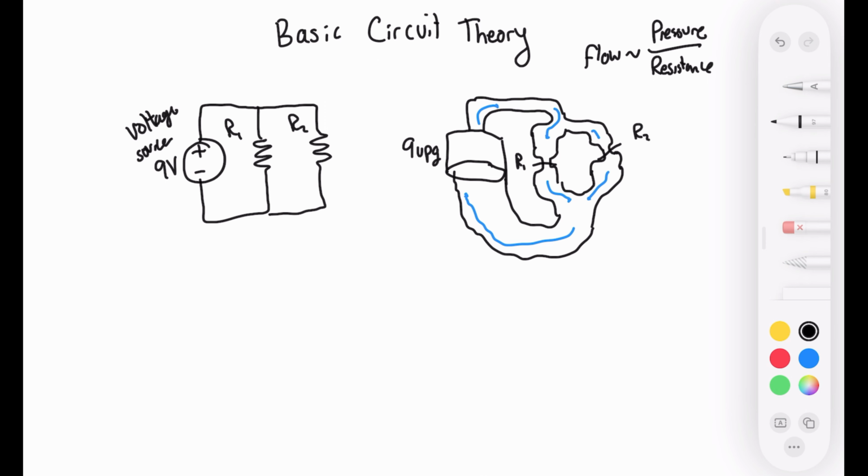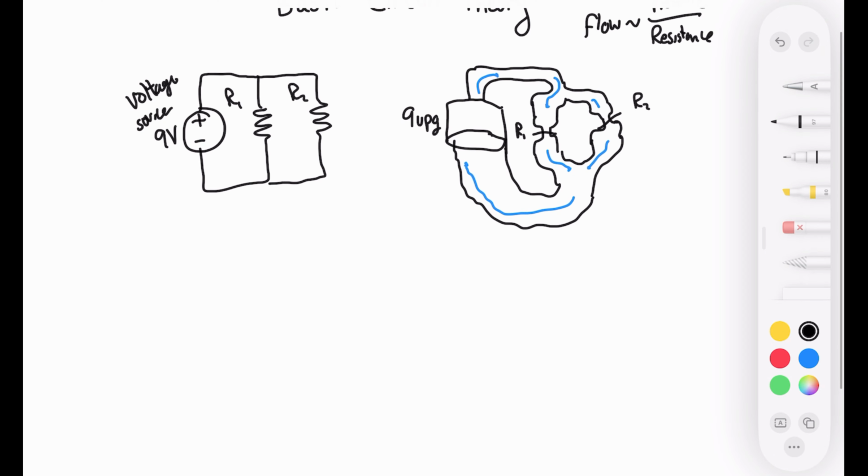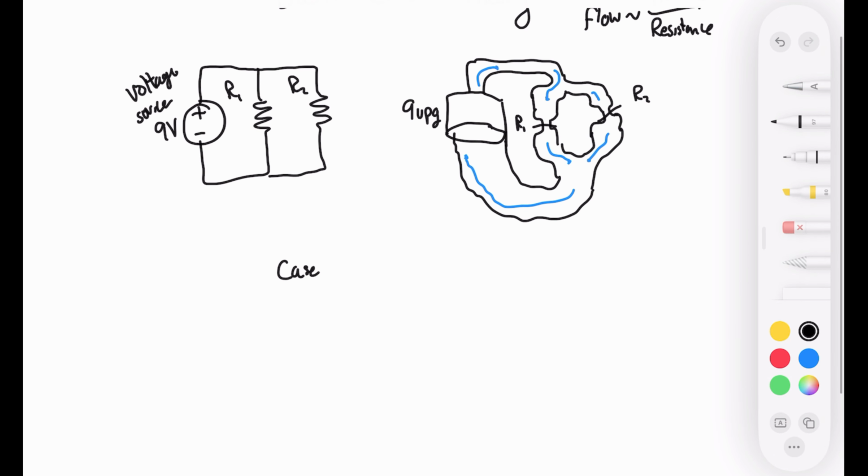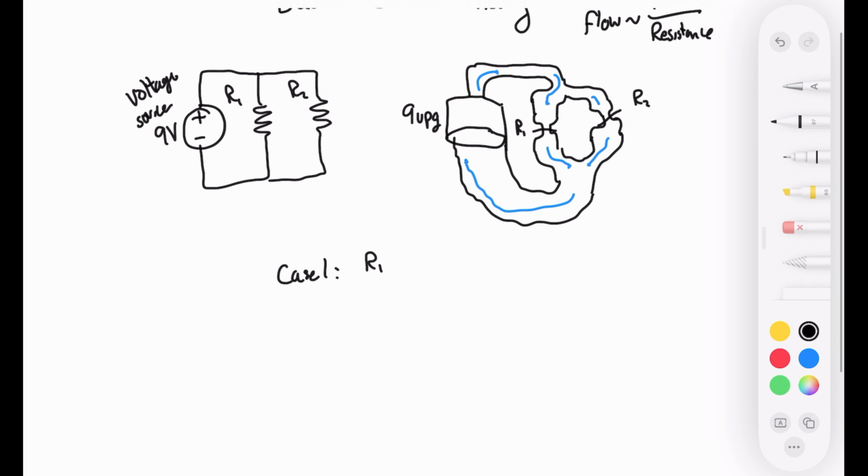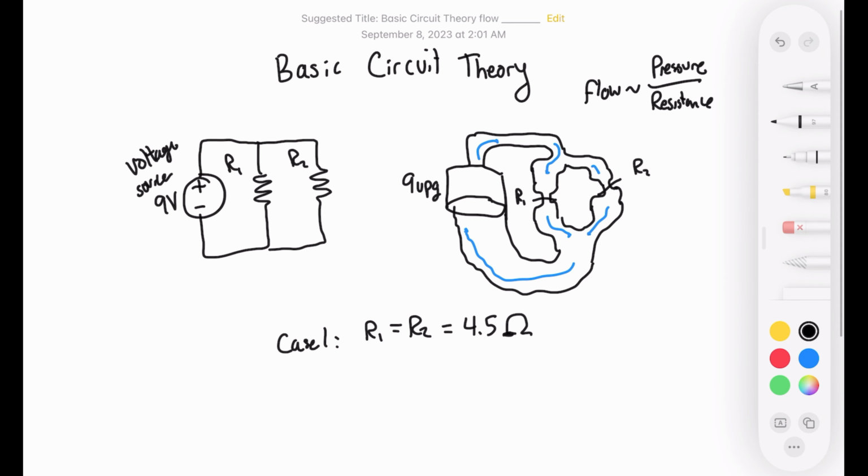And now we want to think about what happens when I have two particular things. Let's simplify this. In the first case, let's say case 1 is when R1 equals R2, and both of these equal 4.5 ohms. Let's imagine that the water resistor is a place where the diameter shrinks, and this value here is going to be 4.5.